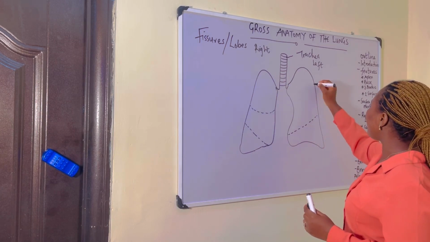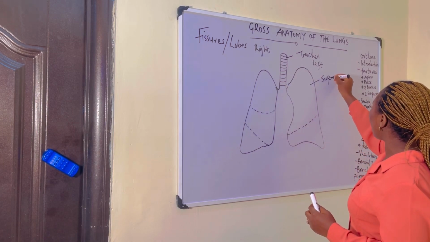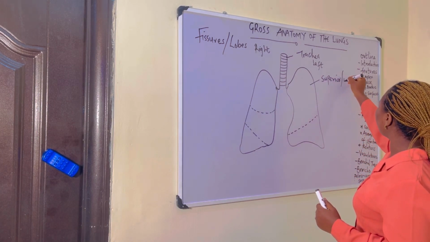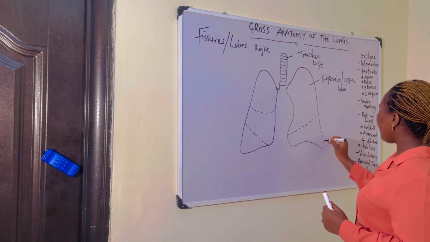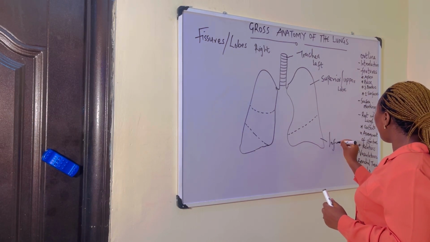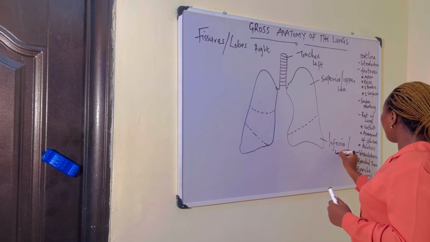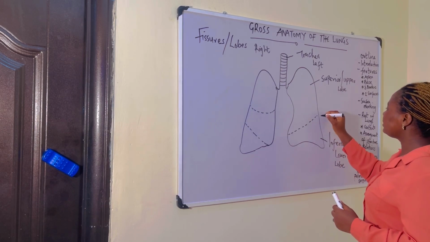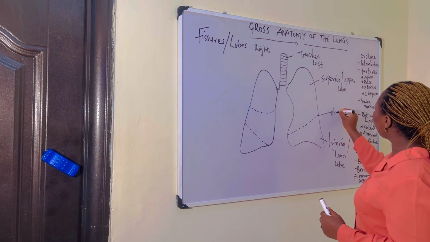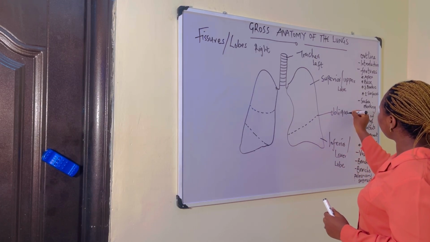So the left lung has the superior lobe or the upper lobe, and the inferior lobe or the lower lobe. So it's separated by the oblique fissure.